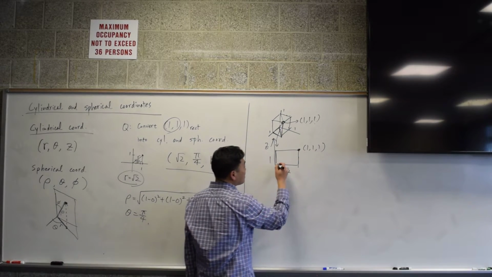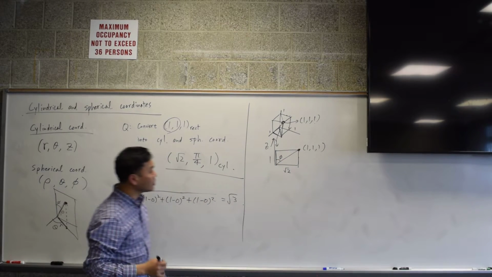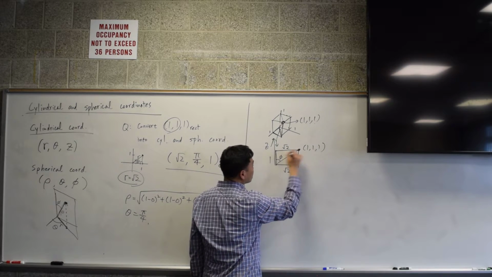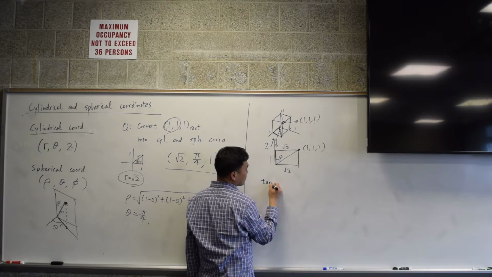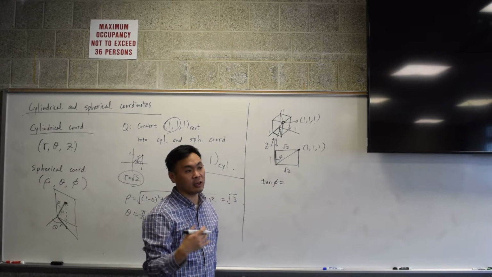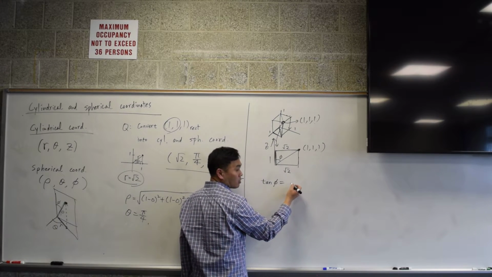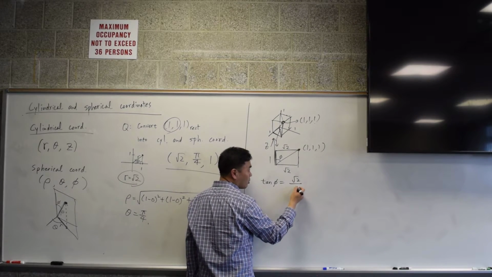And the angle phi is what? I'm looking at this angle phi. Since this length is square root of 2 and this length is 1, I can use tangent. From SOHCAHTOA, tangent is opposite over adjacent, so tangent of phi is root 2 over 1.